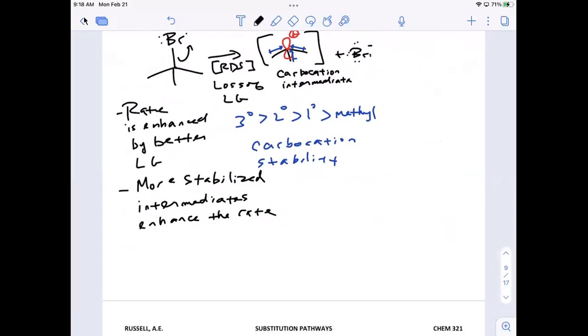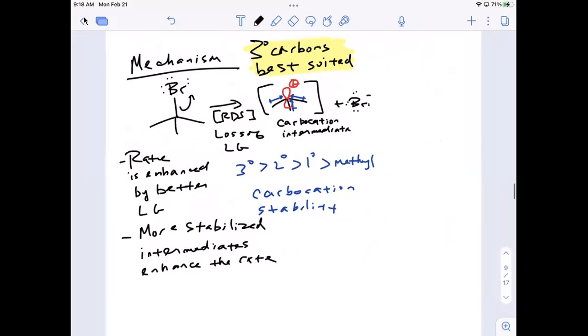Those two things right off the bat, we can see it's a tertiary carbon, so that's going to be good because you're going to get a tertiary carbocation intermediate. You have an excellent leaving group, so that's also good. So that's going to enhance the rate.